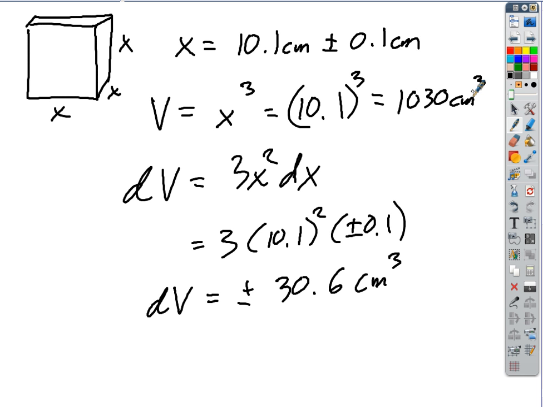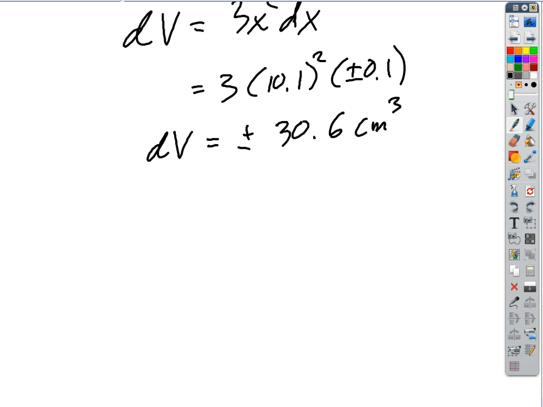Even there, it's hard to tell. But there's a real simple way to tell. That's exactly what I hoped somebody would ask. Seems like a lot, right? But we can calculate, instead of just calculating dV, which is important, what we really want to do is calculate the relative propagated error, right?